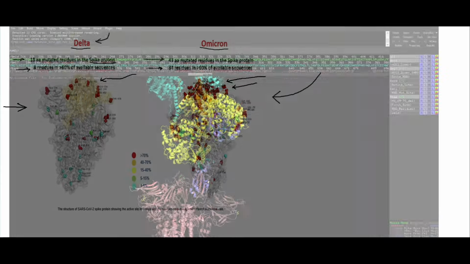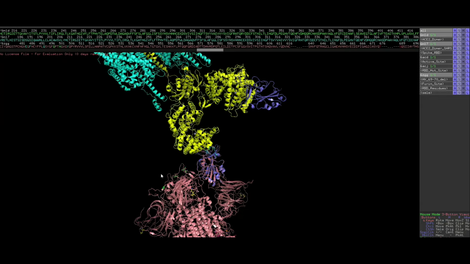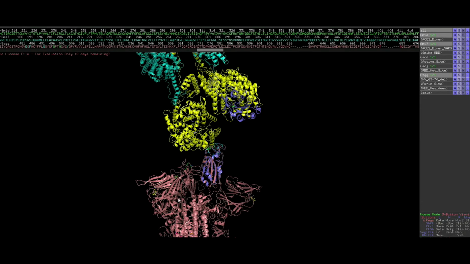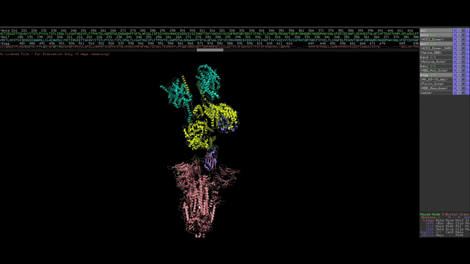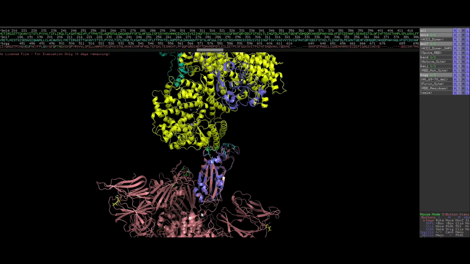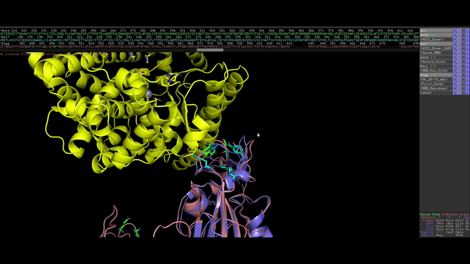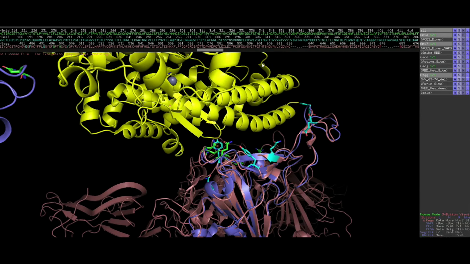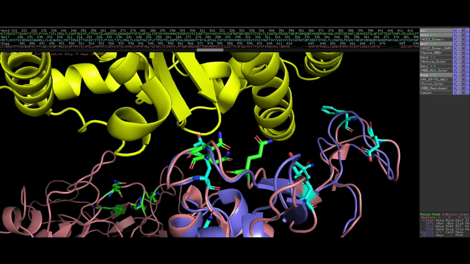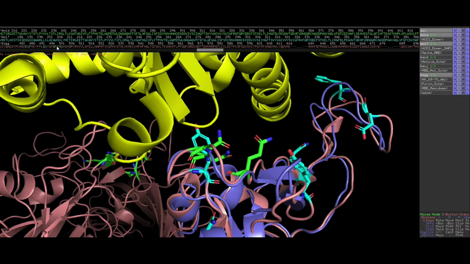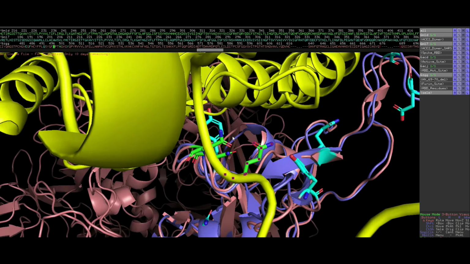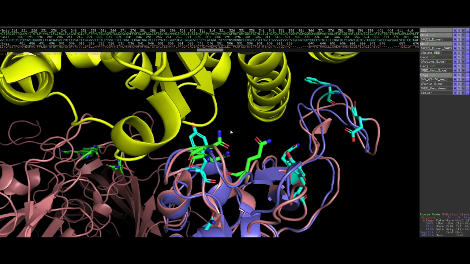And I actually have an actual structure of the spike protein, which I have down here in this sort of pinkish salmon color. And we can zoom in up here. So I have highlighted here these two green residues. One of them, this one here, is one of the mutations found in the Omicron variant.